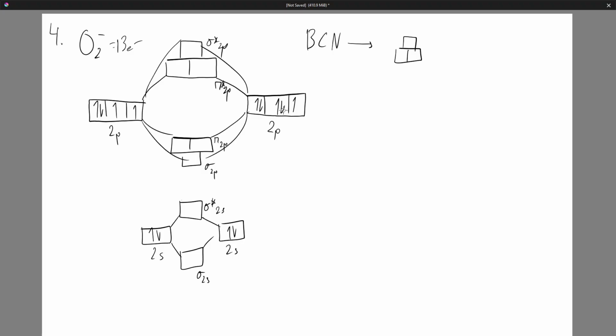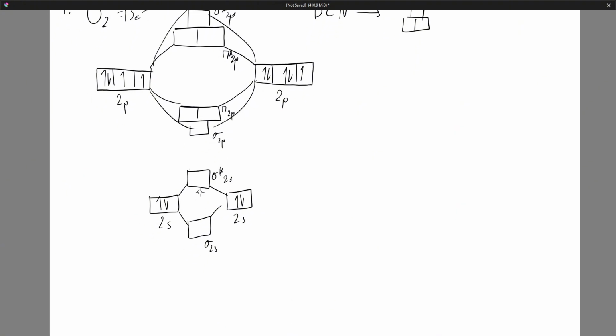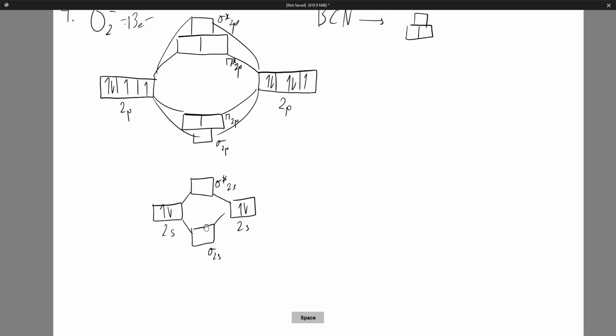So now we want to take these electrons and fill them in from bottom to top, which means we start off with the sigma 2s orbital right here. So we take electrons and feed them to these middle boxes. So 1, 2, that's good. 3, 4. We took one electron from each side, and what was left over was given to this sigma star 2s orbital.